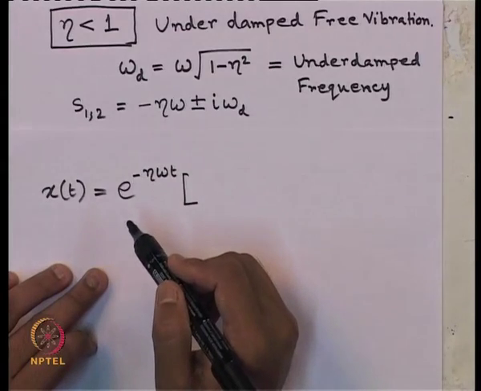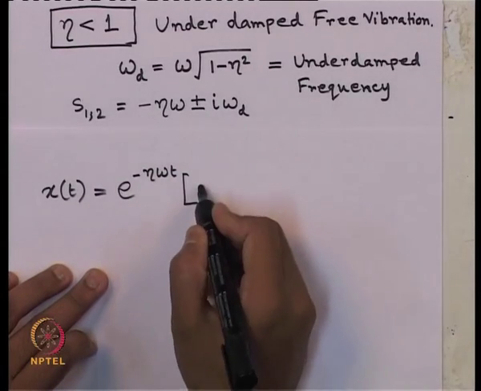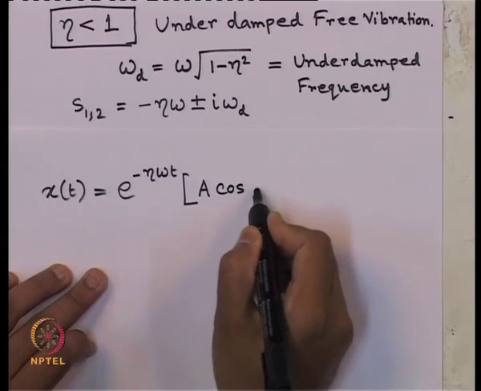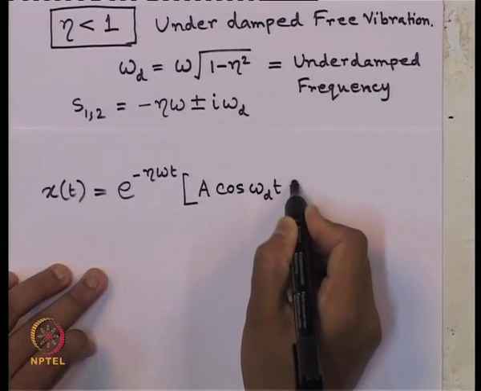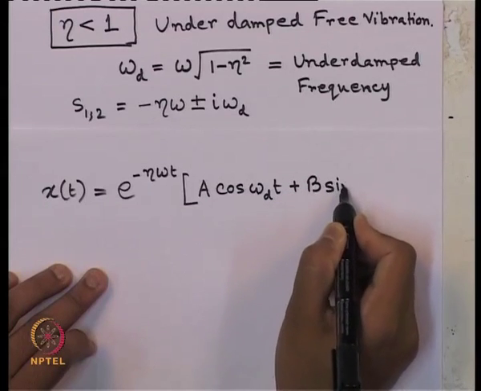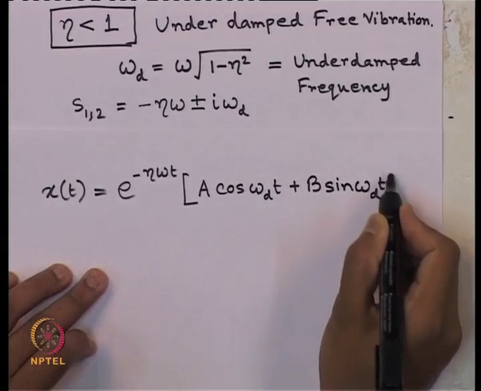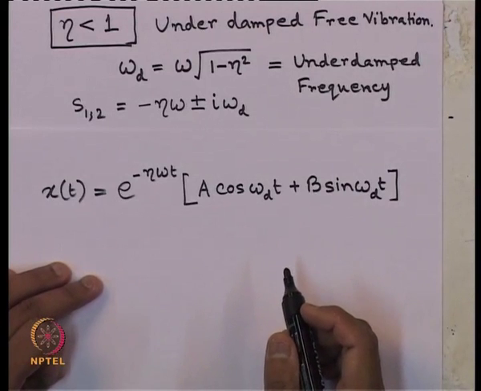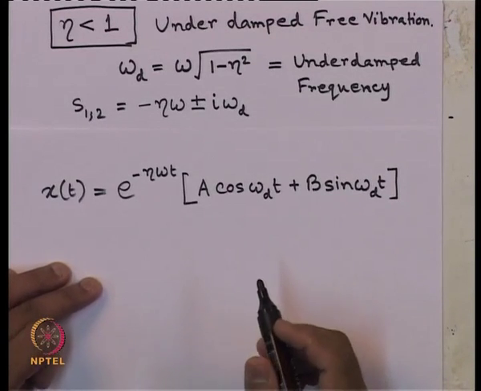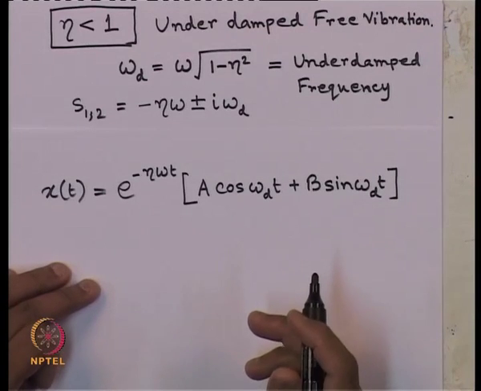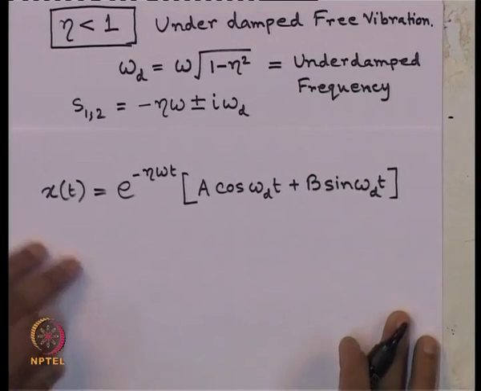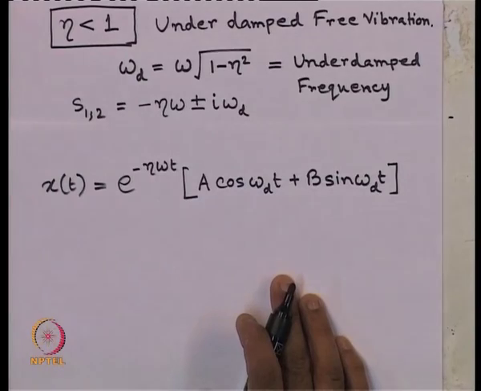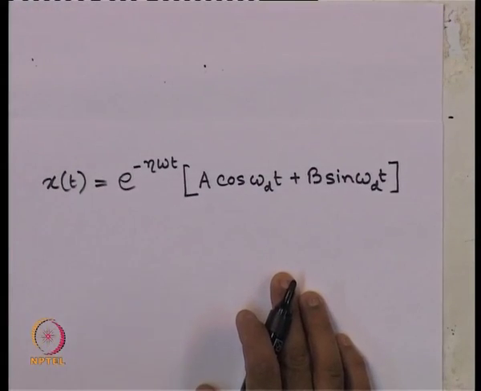So, it is in the form of complex conjugate roots. So, we can express them in terms of trigonometrical function a cosine omega d t plus b sine omega d t. This we have seen in the case of undamped free vibration also, that is when roots are complex conjugate, that time we can express them in terms of trigonometric function. So, that is how the final solution we have expressed in this form, where a and b are constants, which we need to find out from the given initial conditions.